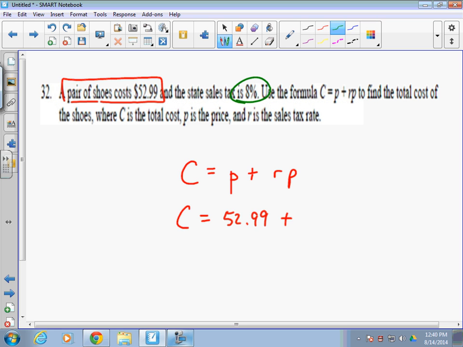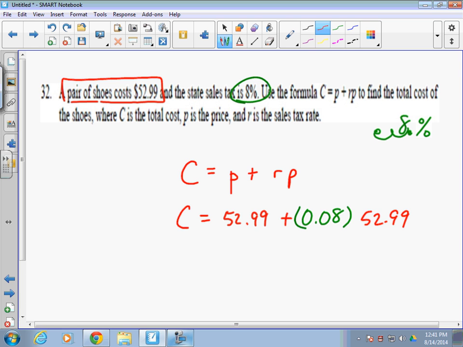Remember, when you're talking about something being a percent, you're going to multiply it, but you can't multiply it simply by 8. You have to move the decimal 1 time, 2 times. So it's going to be 0.08 in place of the rate, and then it's going to be times 52.99.